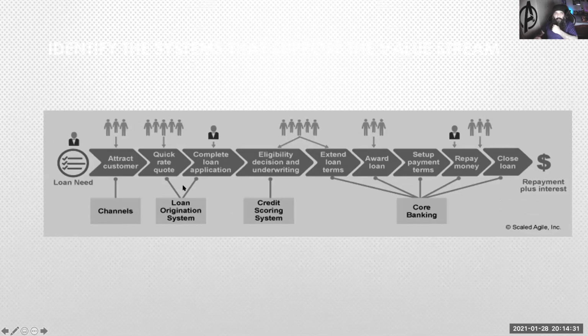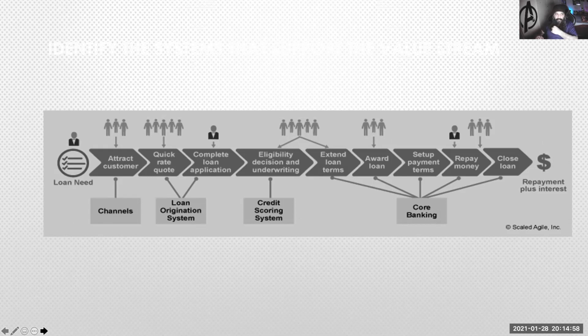To be able to provide a quick rate quote and complete the loan application, you might have a loan originating system, right? Eligibility and underwriting goes under your credit scoring system, right? And every other aspect possibly is part of your core banking system, right?